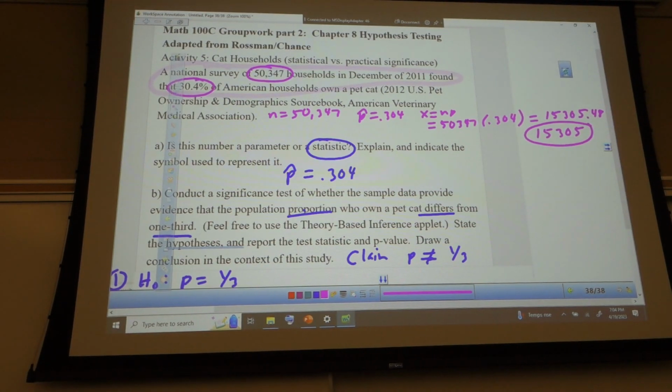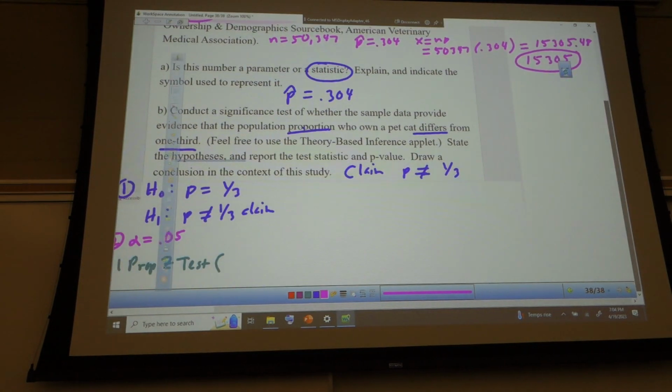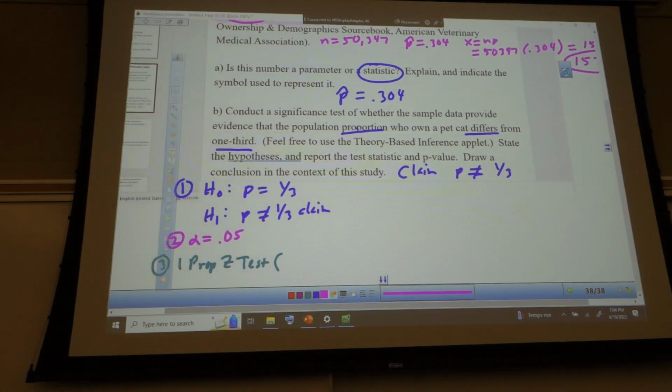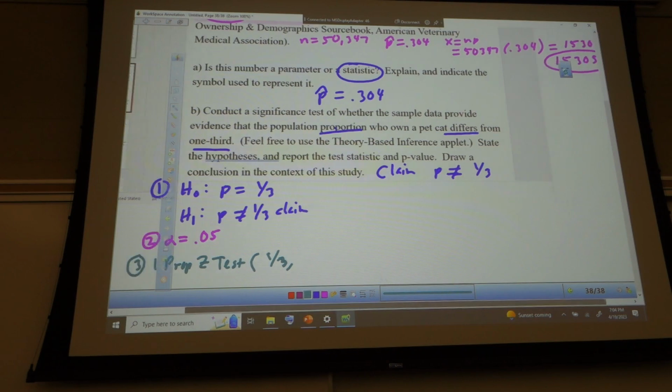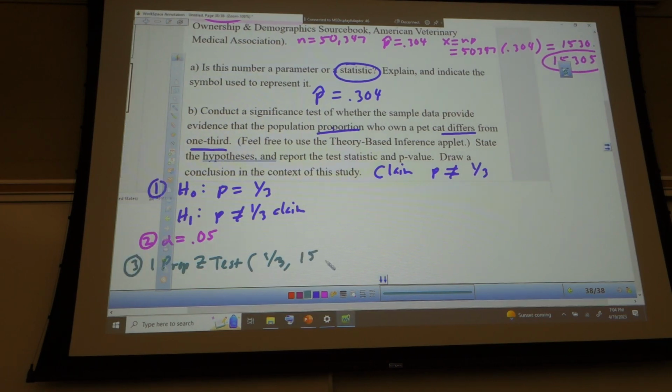All right, so now I'm going to plug these into my test. It'll be 1/3, and then it's going to be 15,305 out of 5347. Go back over there.